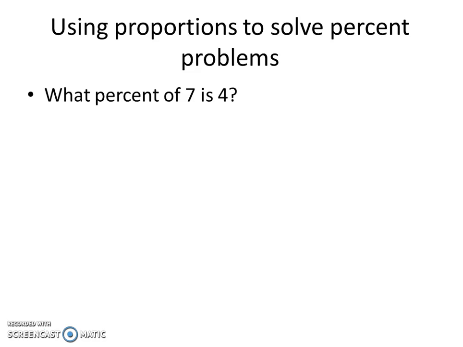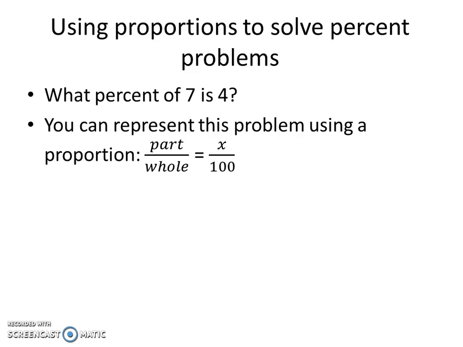So an example using a proportion. The question says, what percent of 7 is 4? We can represent this problem using a proportion. Our proportion is part over whole equals x over 100. Since I don't know what the percent is, my numerator is x.